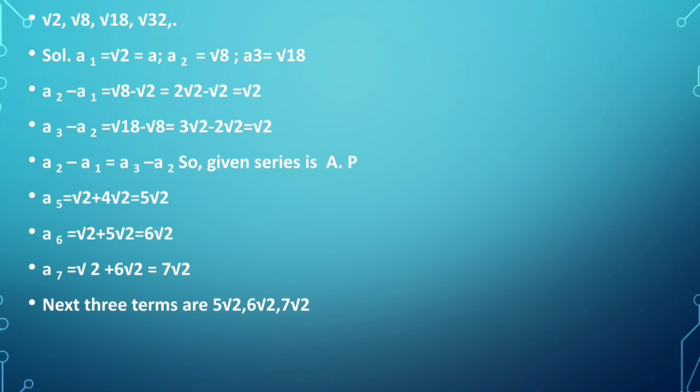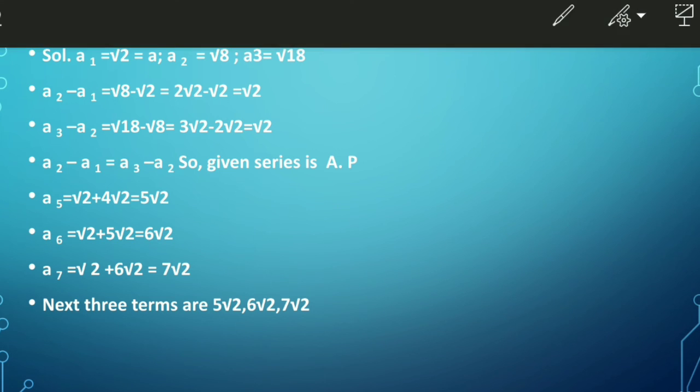And a6 is 5 root 2 plus root 2, simply we get 6 root 2, and a7 is 6 root 2 plus root 2, that is 7 root 2. So the next three terms are 5 root 2, 6 root 2, 7 root 2.